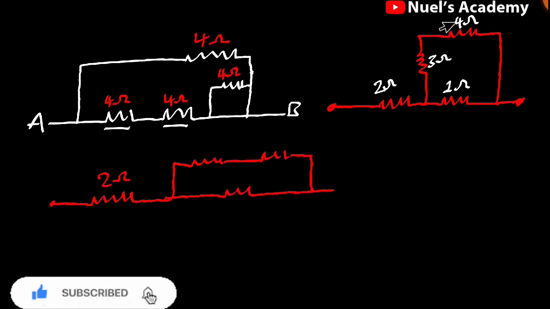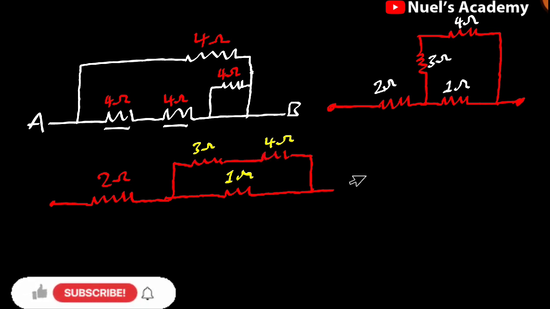Now this diagram here is the same thing as this diagram, so you have seen clearly that it is connected in series. Here we have 3 ohms, then here we have 4 ohms. This one is 1 ohm. Now to find the equivalent resistance of these two, just simply add them up, which is 3 plus 4 equals 7.